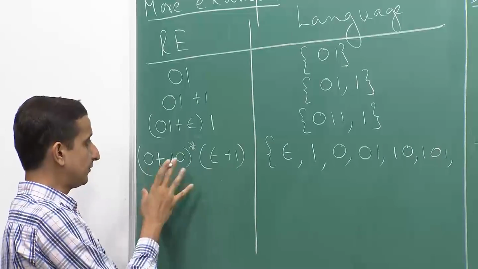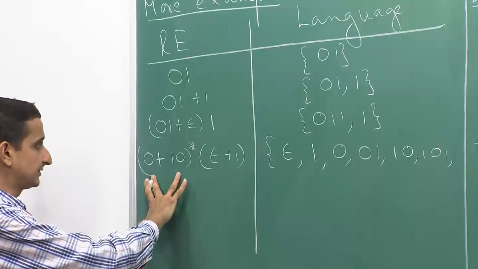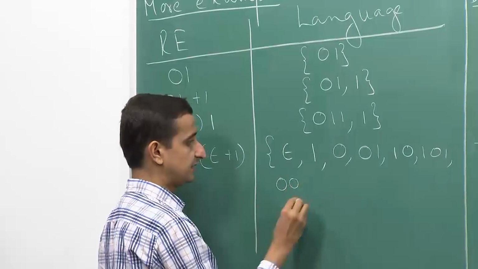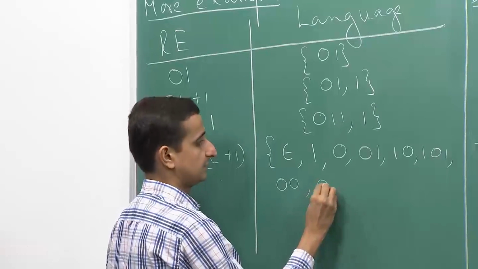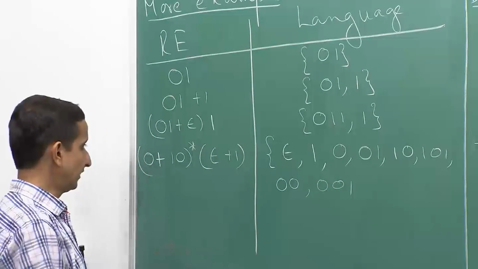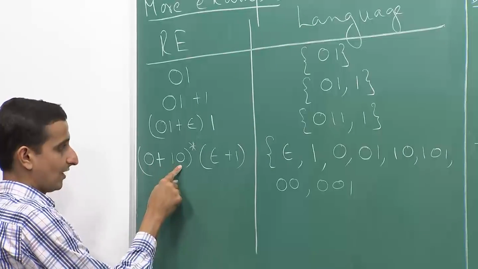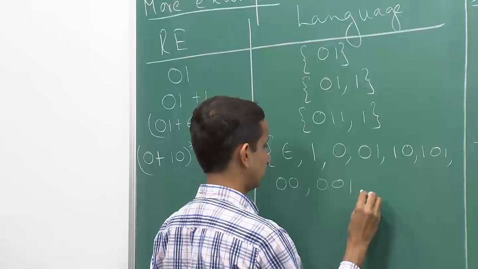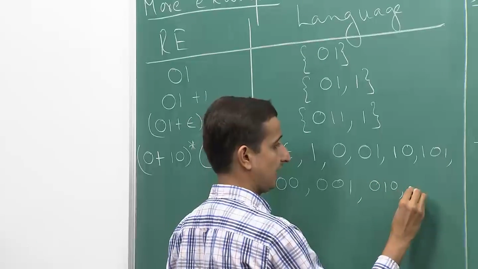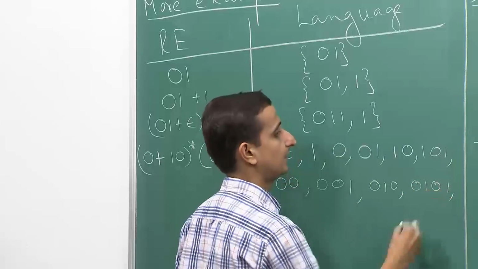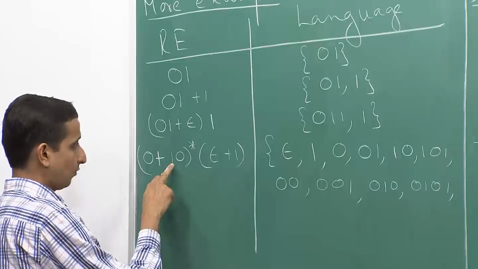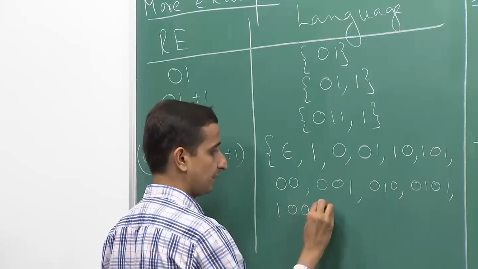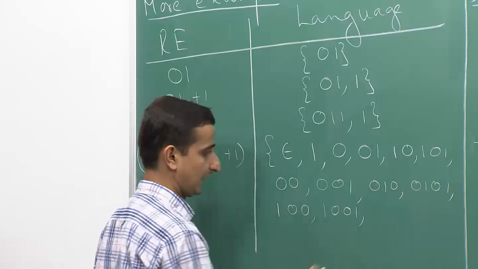So, how many ways can I form two strings from the left hand side? So, I can have 00. So, 00 will give me 00 and 001. I can have 010, that will give me 010 and 0101. I can have 100, that will give me 100 and 1001.